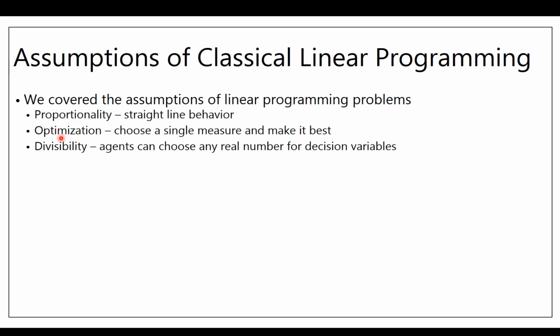We dealt with that one in the previous class, talking about building this loss function or deviation function and coming up with an average deviation or a total deviation that gives us a way of measuring how far we are from targets. And the other one we're going to deal with is divisibility: the choosing of any real number, or really, assuming non-negativity, some number on the positive side of the reals.